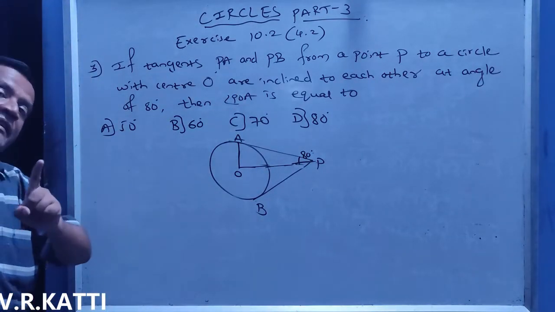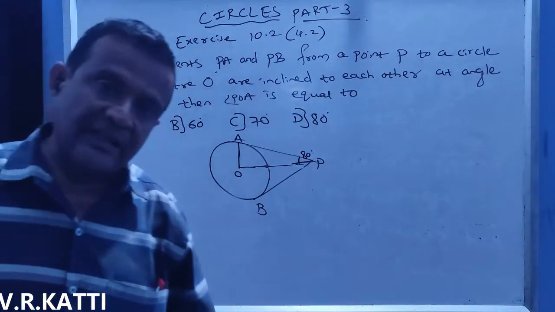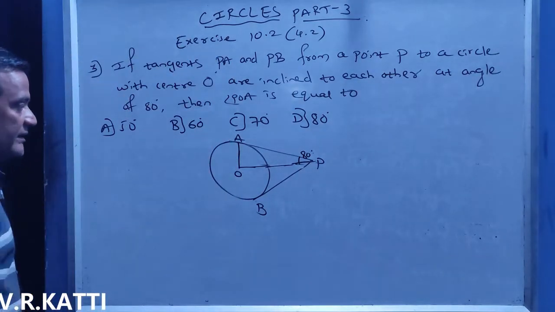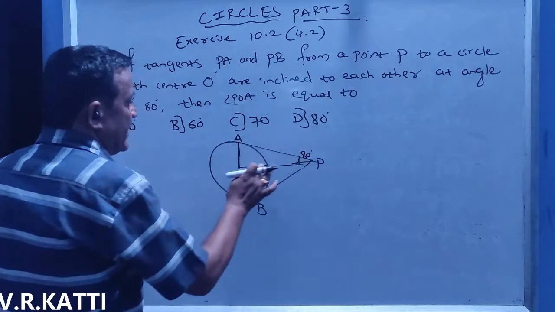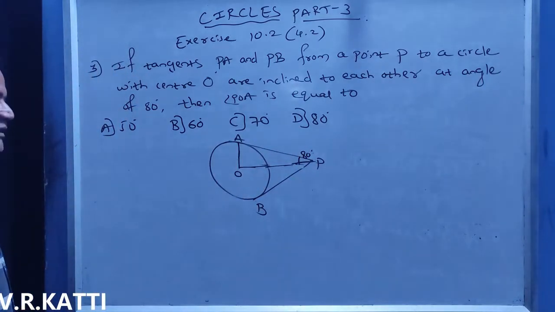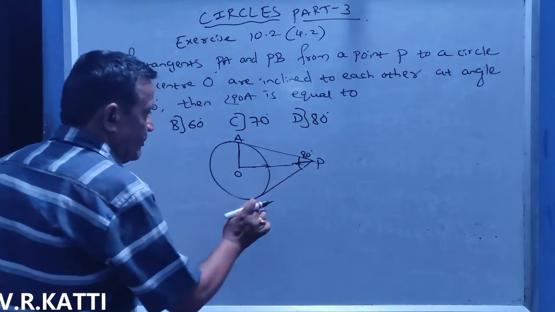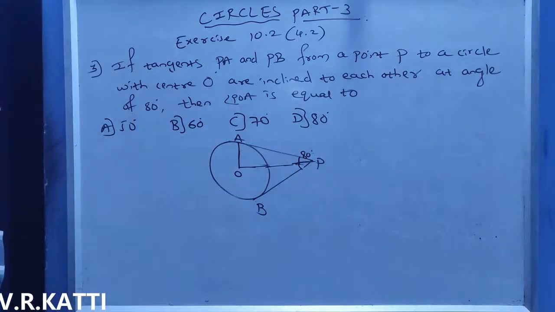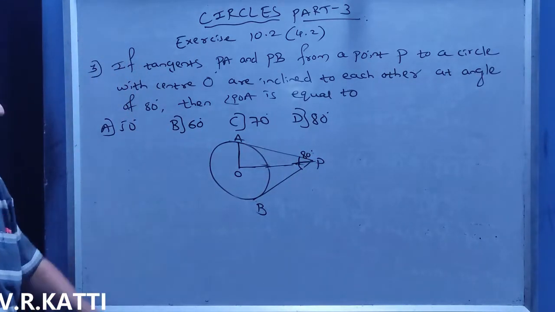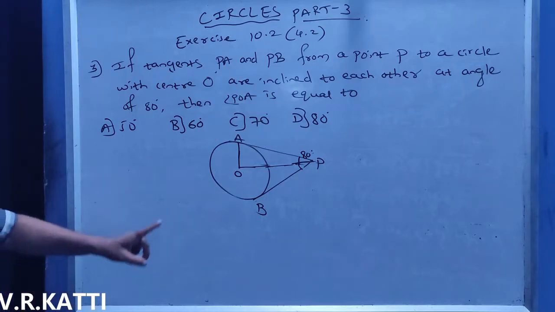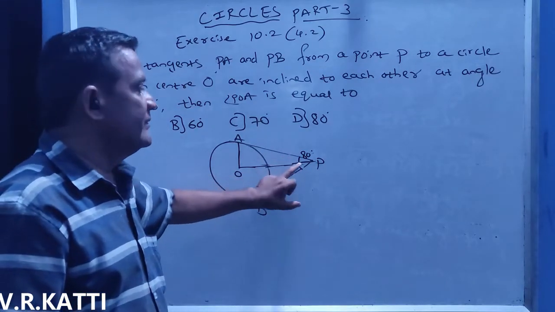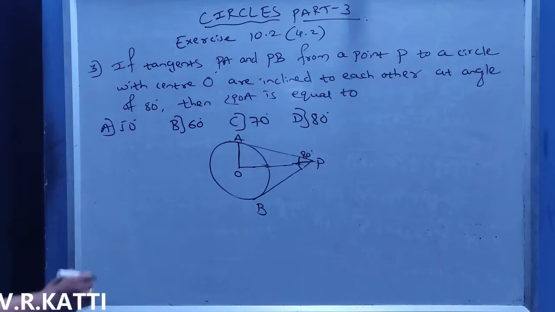You already studied in the first class, circles first class. That is why angle APO equals angle BPO. It is what? 40 degree. 80 half is 40.